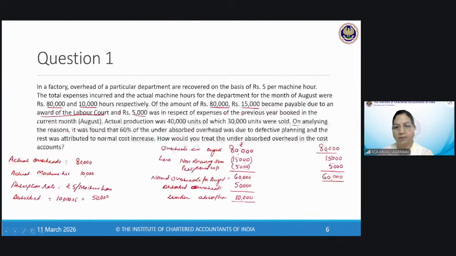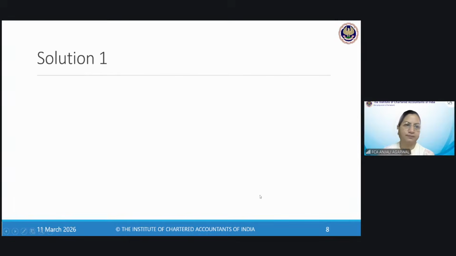Now here what has happened is there is an under absorption by 10,000. So here we will use two methods. One is costing P&L, because there is an abnormality. What was the abnormality? Defective planning.